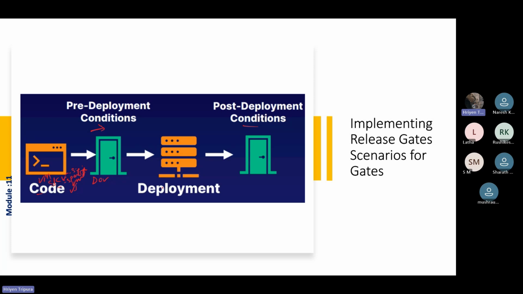Then second, we call it post deployment. As I told you, this is a dev environment, and this is another higher environment, let's say known as staging. You have done this and met all the requirements. Now this particular step is done.